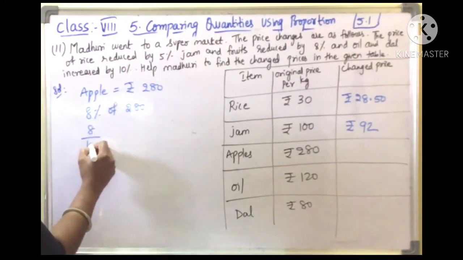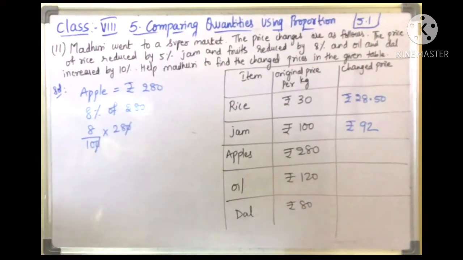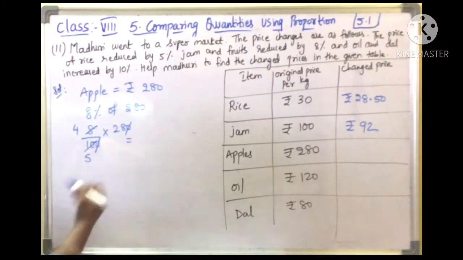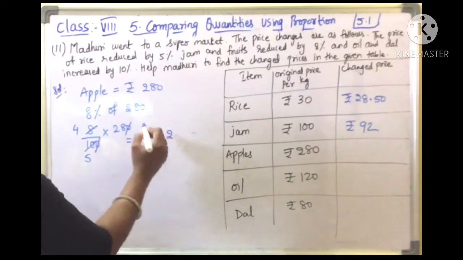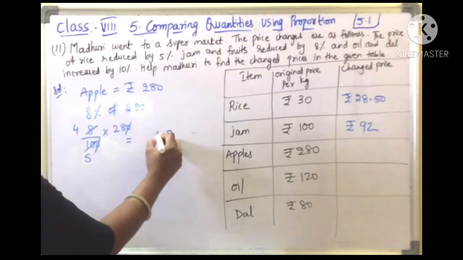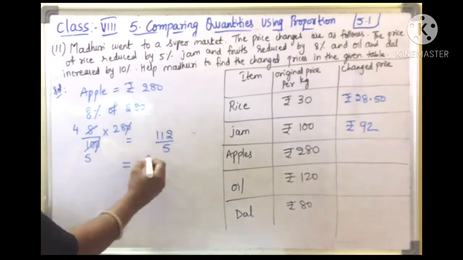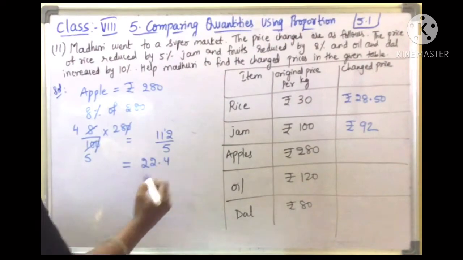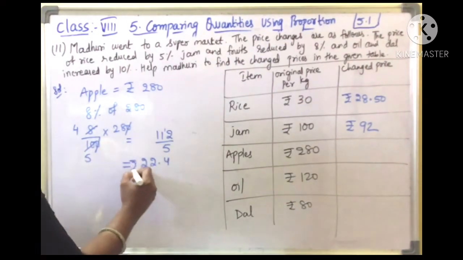So 8 by 100 into 280. 0 gets cancelled, and 4 into 28 you do. 4 eights are 32, 4 twos are 8, 9, 10, 11, so 112 by 5. 112 by 5 means how much, children? 5 twos are 10, so 22.4. So 22 rupees 40 paise is reduced.